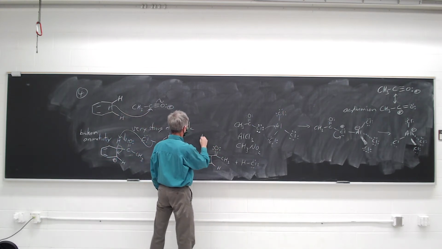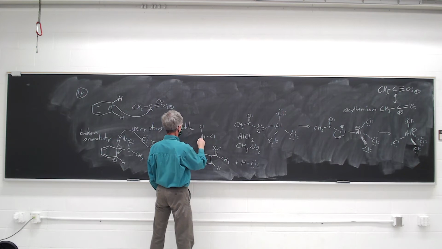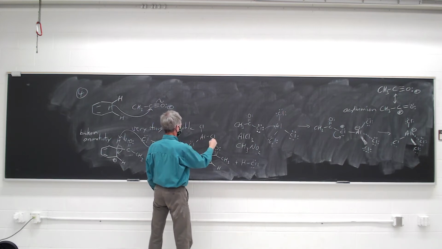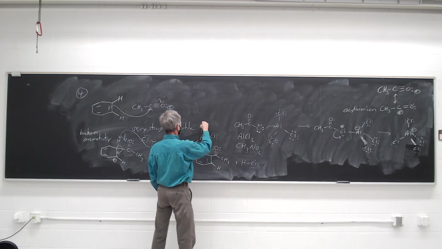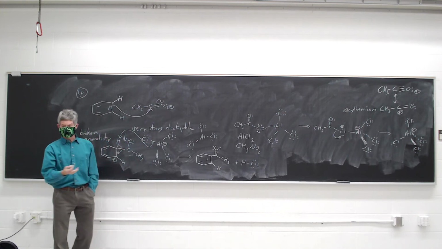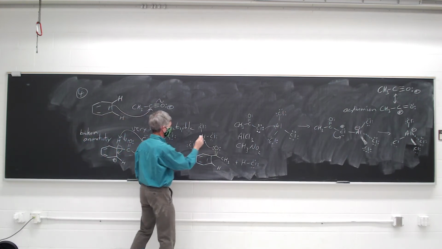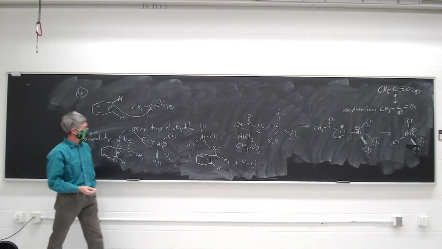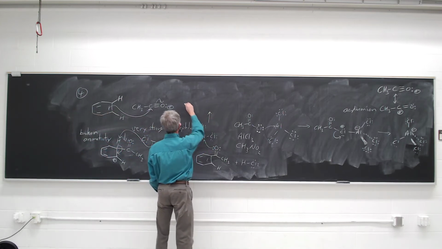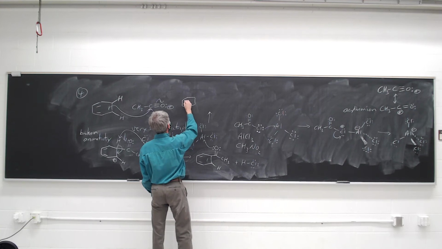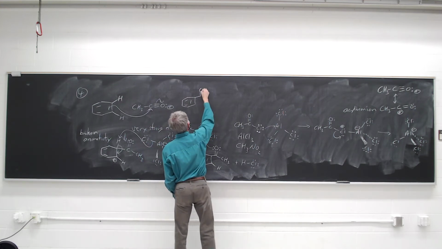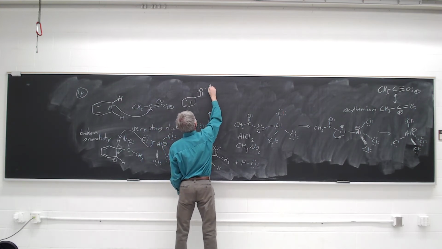The aluminum chloride then ends up binding to the oxygen. So you need a full equivalent of the aluminum chloride. It's not catalytic because the product oxygen will bind to fill that octet on aluminum, and you will get, as your product, this complex.